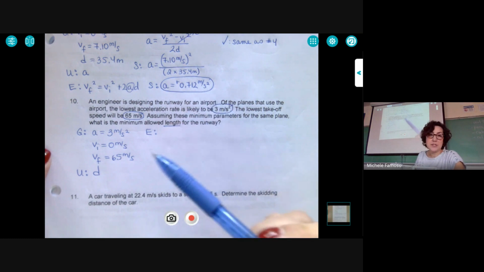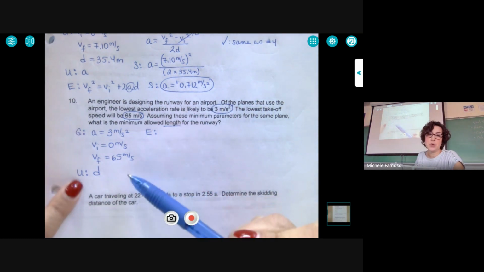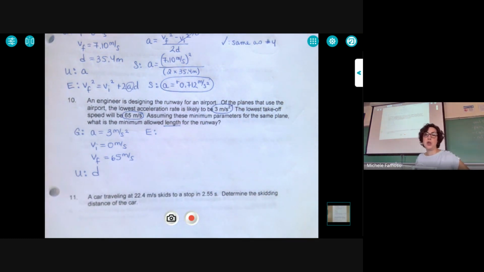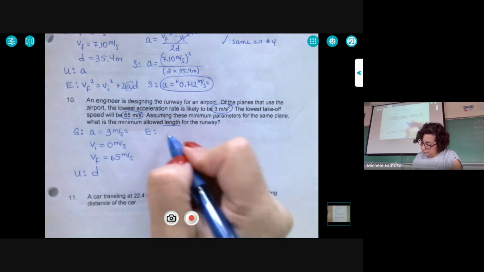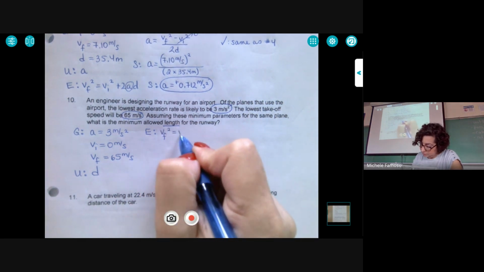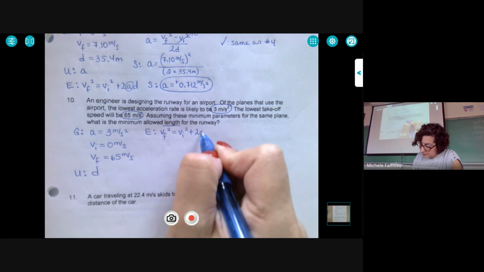Purnima, can you look at the reference table and tell me what equation would use those 4 letters only? There's no time given to us, so it can't have a T in it. That is correct.